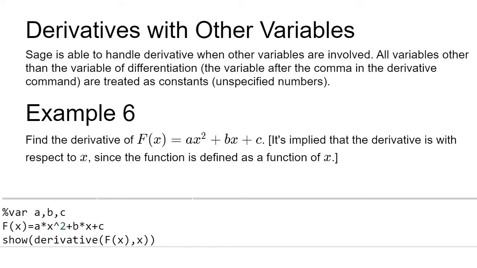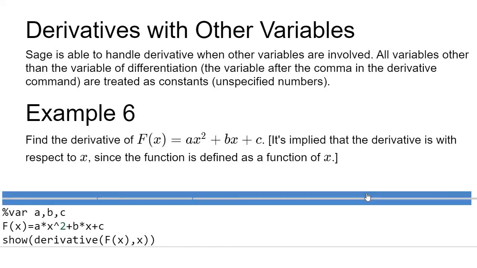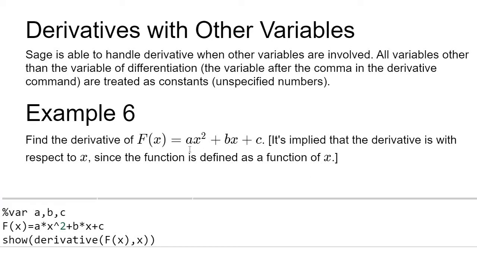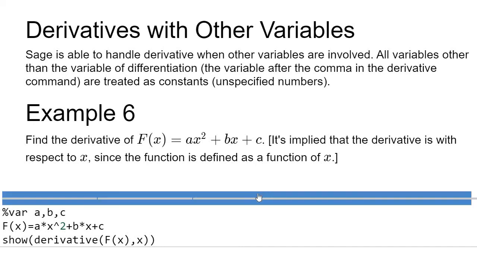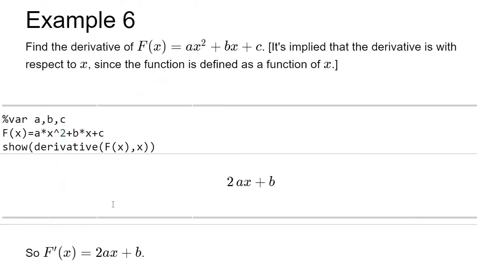You can also have other variables involved in the definition of the function, like here in this capital F, I have ax squared plus bx plus c, and the idea is that a, b, and c are just constants, and we're trying to find the derivative of this sort of general parabola where the a, b, and c are unspecified. The fact that this function is called f of x tells us that x is the input variable, and that's the variable we're going to take the derivative with respect to, and we'll just assume that a, b, and c are constants.